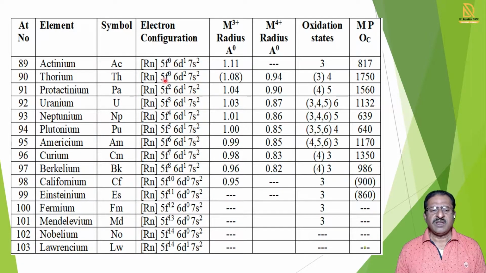And Rn 5f0 6d2 7s2 is also correct, because in the f orbital there may be 0 or 1 electron, and in 6d there may be 1 or 2 electrons. Why this? Because of the same energy of 5f and 6d. That is observed in all these elements too, meaning the electron can be filled in 5f or in 6d. So a strict or particular electronic configuration is not shown by the actinide series.